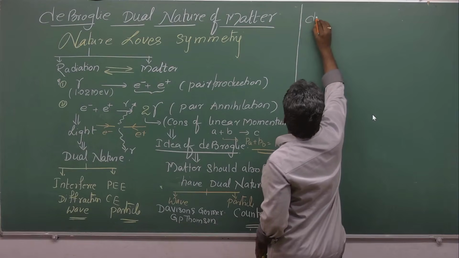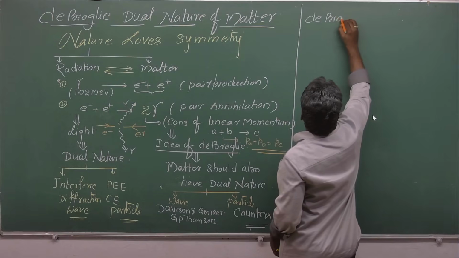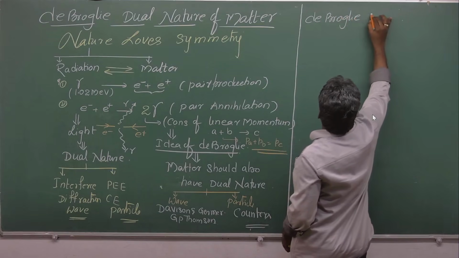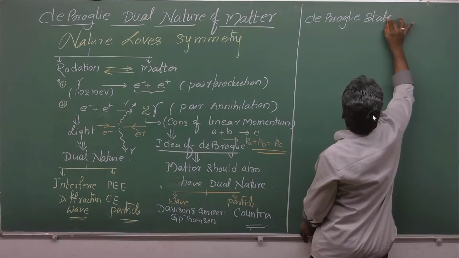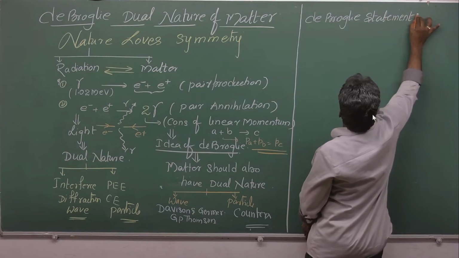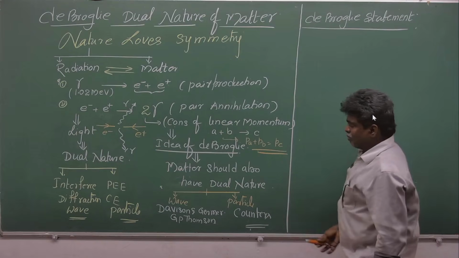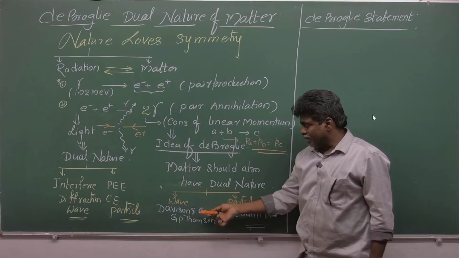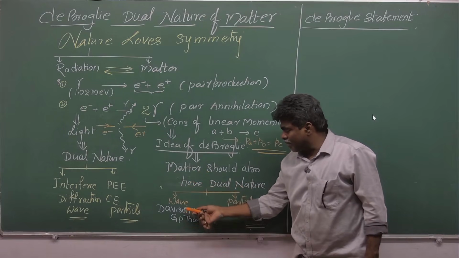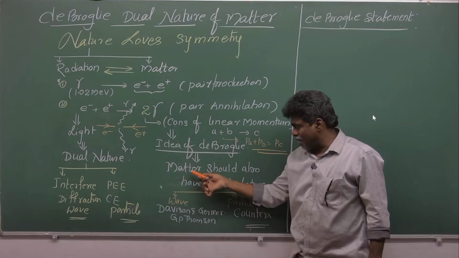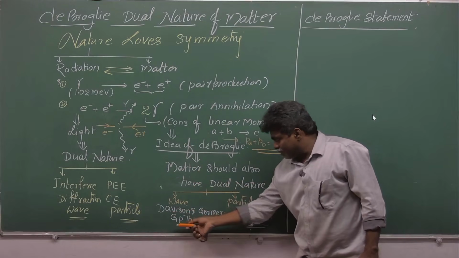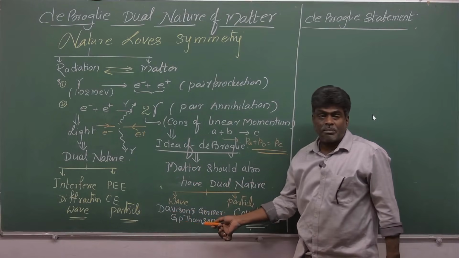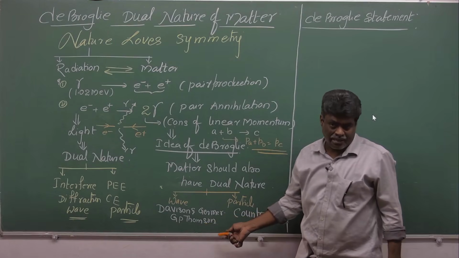Now ready. Very important, please listen. De Broglie's statement. One more time I am saying, this is your question: which of the following experiments confirms the wave nature of matter? Davisson and Germer, G.P. Thomson, the Davisson and Germer diffraction experiment.